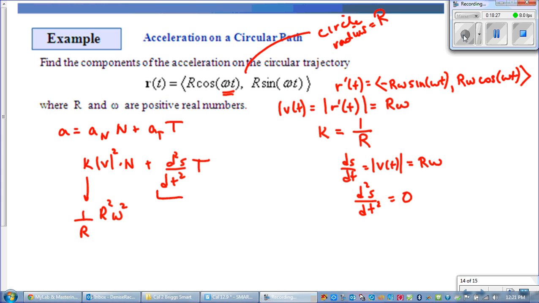So this coefficient would actually be 0. So the acceleration then would be just r omega squared times n. So the whole acceleration is in that normal direction. You don't have any change in the speed, which is what the tangent direction would give you. So the entire acceleration is in that normal direction.